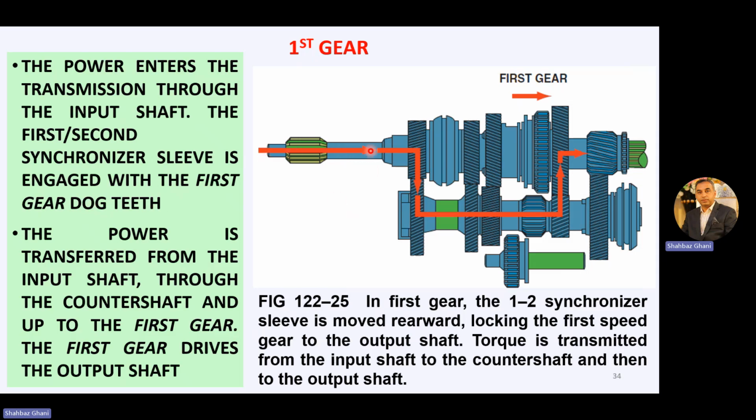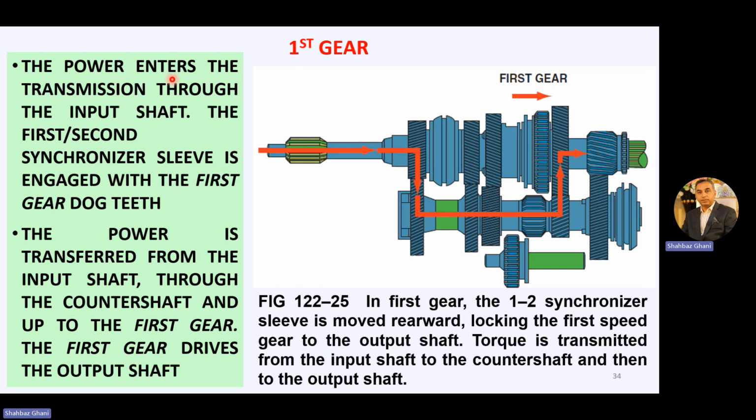Now this is your input shaft and this is your input gear, which is meshed with the counter shaft, and this is your first gear on the counter shaft, first gear on the main shaft, and this is your synchronizer sleeve, which moves to the first gear. So it is in contact.